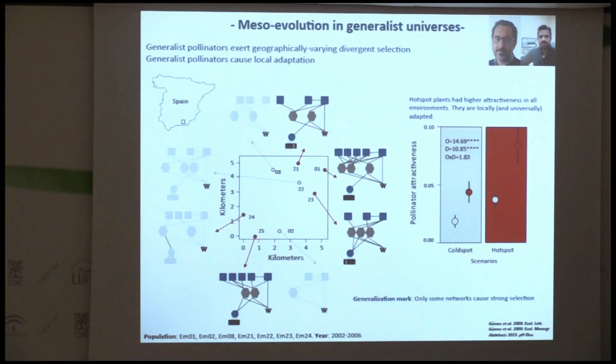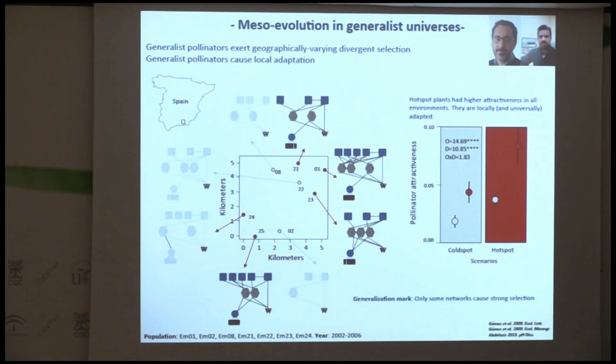Then another mark of this type of system is that probably only some networks of interacting organisms can cause strong selection. It's something that is probably very common in generalist systems.